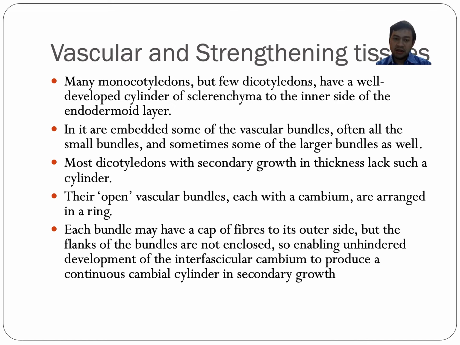Most dicotyledons with secondary growth in thickness lack such a cylinder. Their open vascular bundles, each with cambium, are arranged in a ring. Each bundle may have a cap of fibers to its outer side, but the flanks of the bundles are not enclosed, so enabling unhindered development of the interfascicular cambium to produce a continuous cambial cylinder in secondary growth.